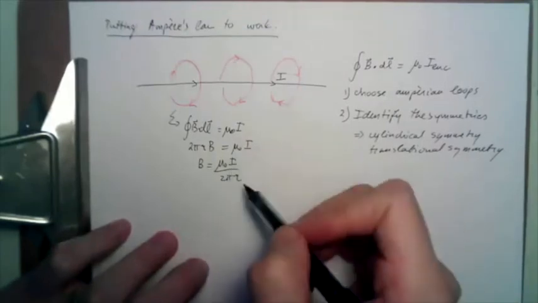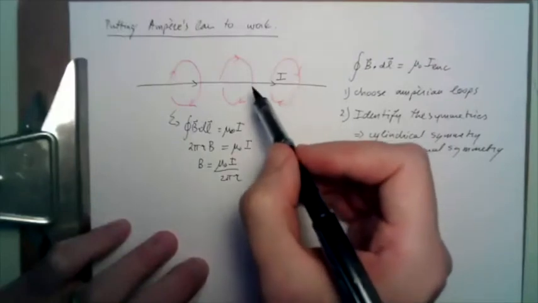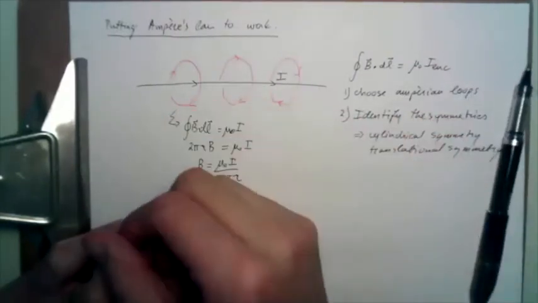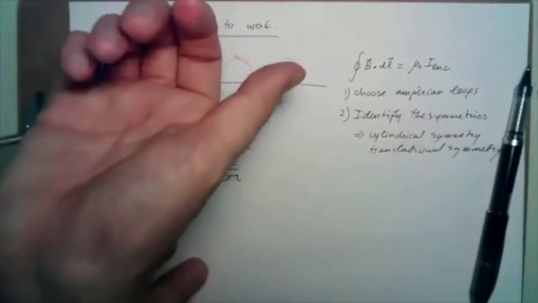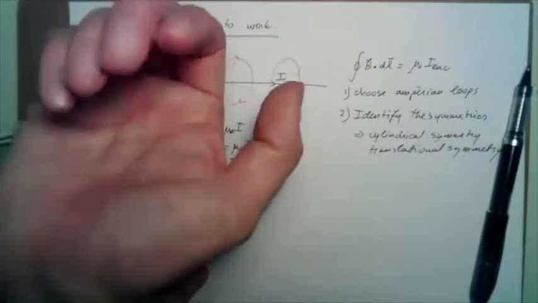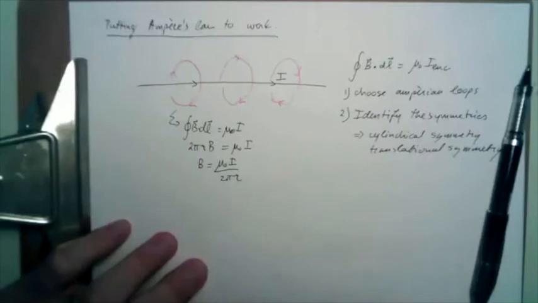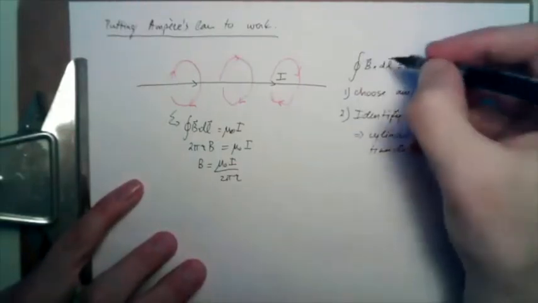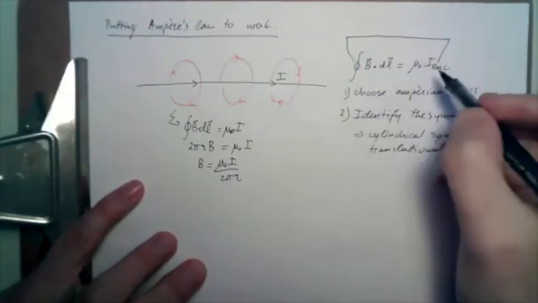Couple of notes. How do we get the direction? We can use the right-hand rule that we had established before: if you put your thumb on the wire, then the path of the magnetic field lines needs to go in this direction. Another way to encode that is to say these two things are related.